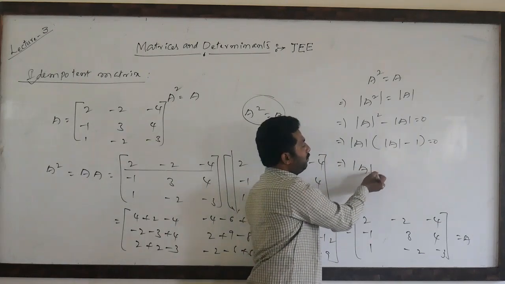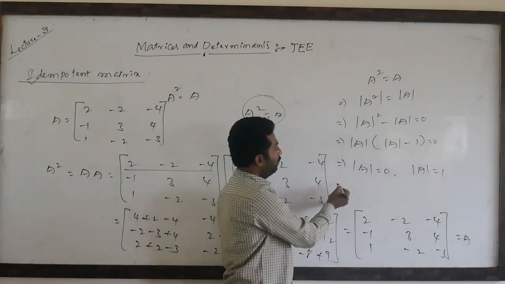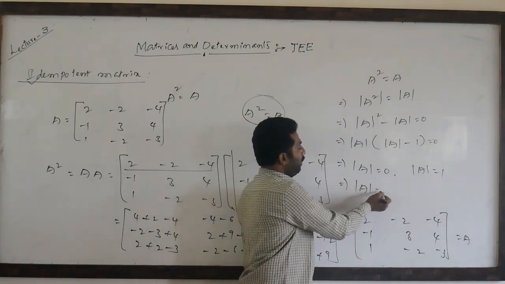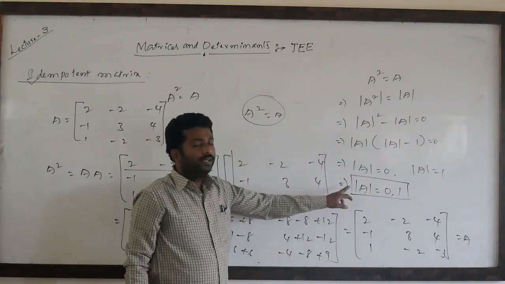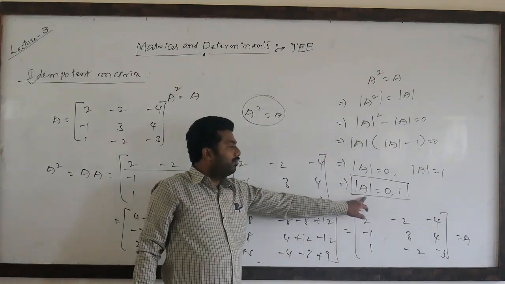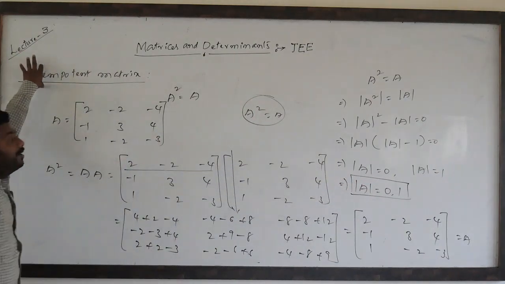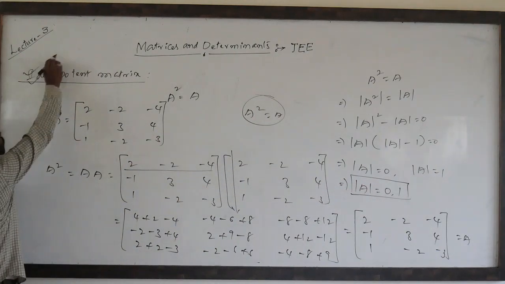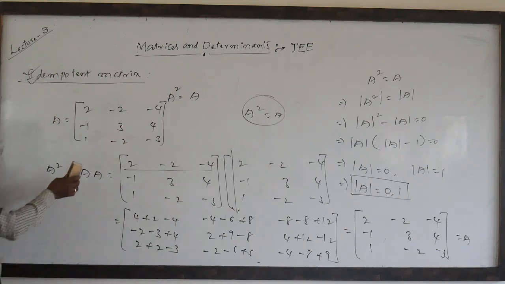So either determinant of A equal to 0 or determinant of A equal to 1. Most important, if the determinant of a square matrix is either 0 or 1, then that matrix is called an idempotent matrix. Next.